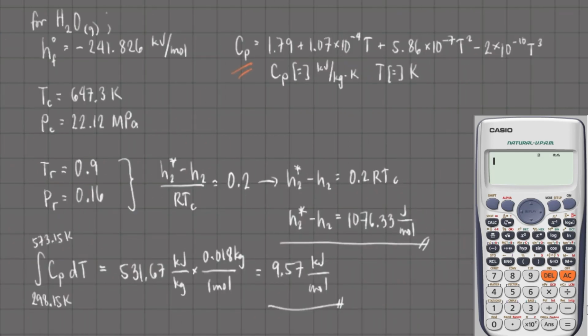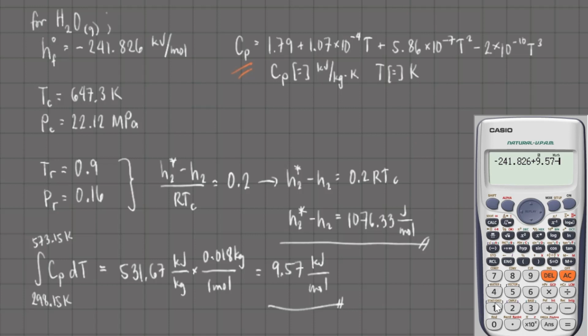The standard enthalpy of formation of water is given here, that is negative 241.826 kilojoules per mole, plus the integral of Cp dT, 9.57 kilojoules per mole, minus our enthalpy departure for the given state, that is H2 asterisk minus H2.